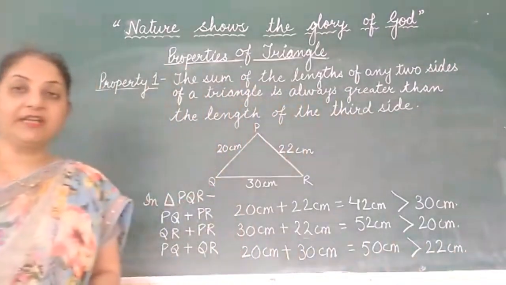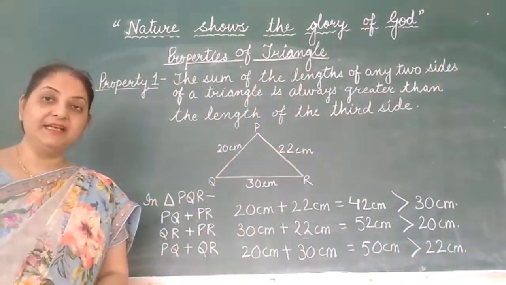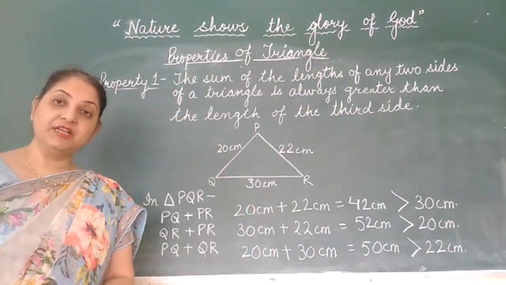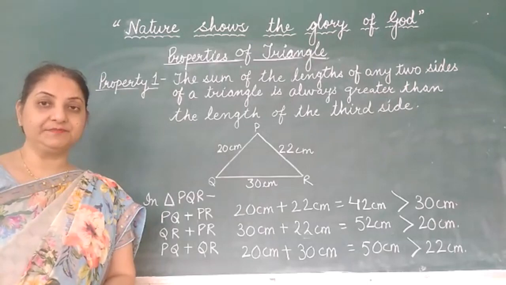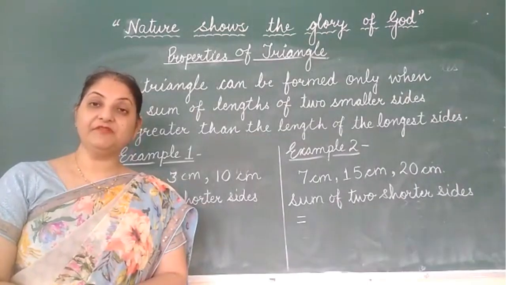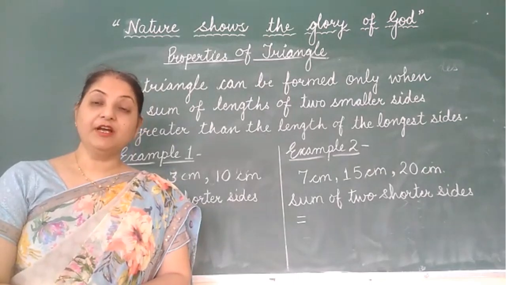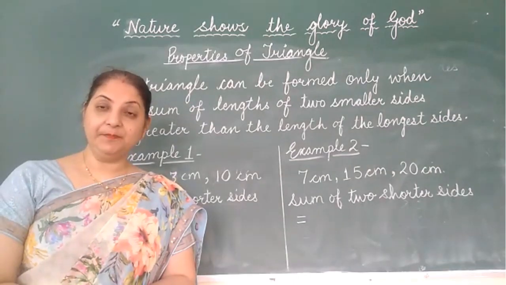So children, we can say the sum of two sides is always greater than the length of third side in a triangle.